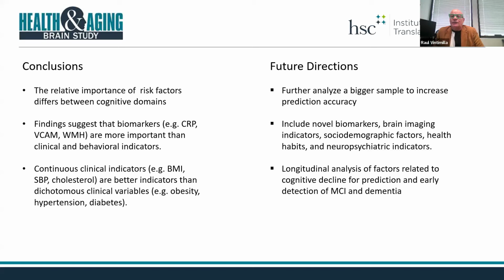We are, like Dr. O'Brien said, recruiting more and more participants. So we need to do a further analysis in a bigger sample to increase, of course, the prediction accuracy. We need to include novel biomarkers, maybe NFL. We need to do the AB42, AB40 ratio.